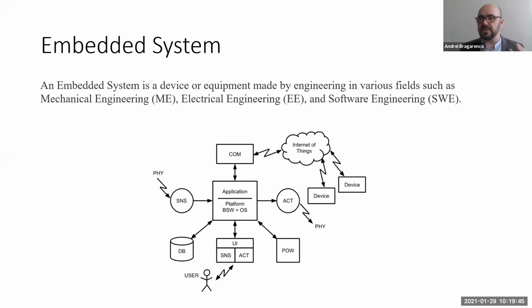In this case, it's just software, an application component, a software component. In this course, we will go through all the components, and we'll have a special approach in development for each component.